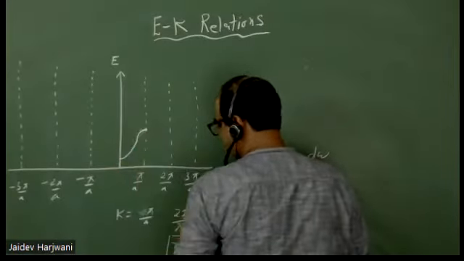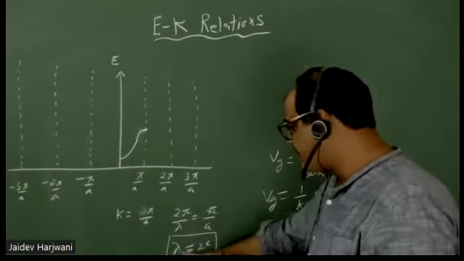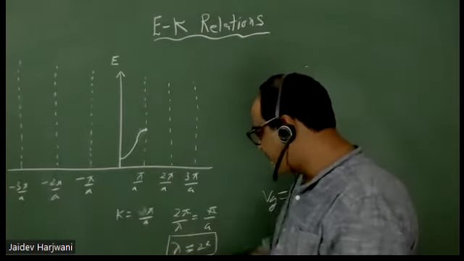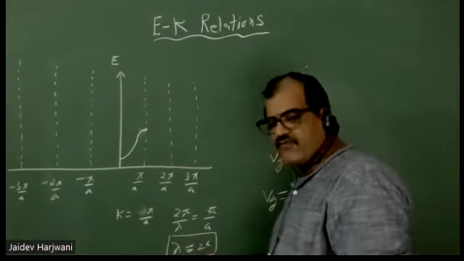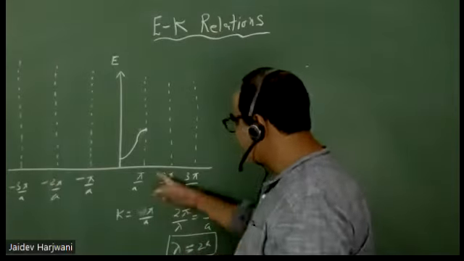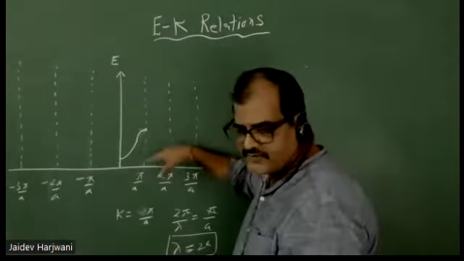Now because of this diffraction condition, they form standing waves if this condition is satisfied. If the electron has this much energy, this much k, then they form standing waves. And because of these standing waves, here we get a discontinuity, and there is an orbital gap.